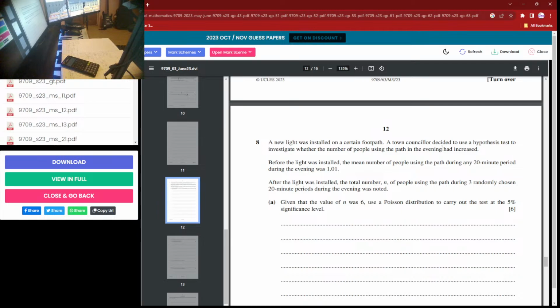So given that n was 6, that means that 6 people used the footpath during 3 randomly chosen 20-minute periods.